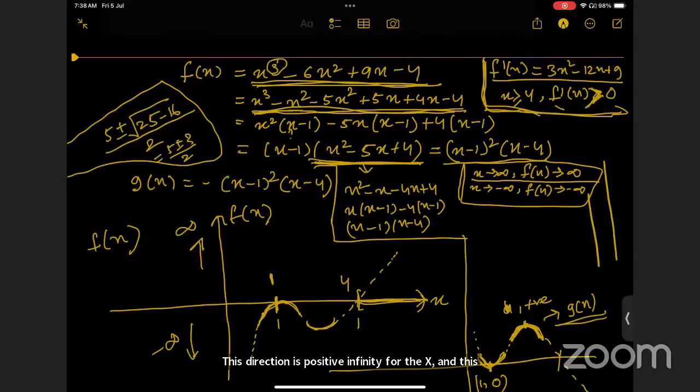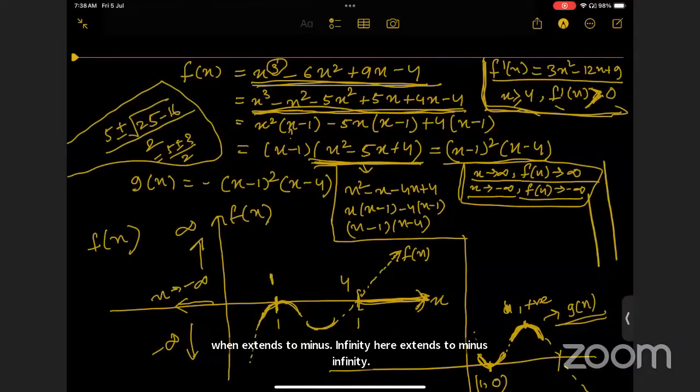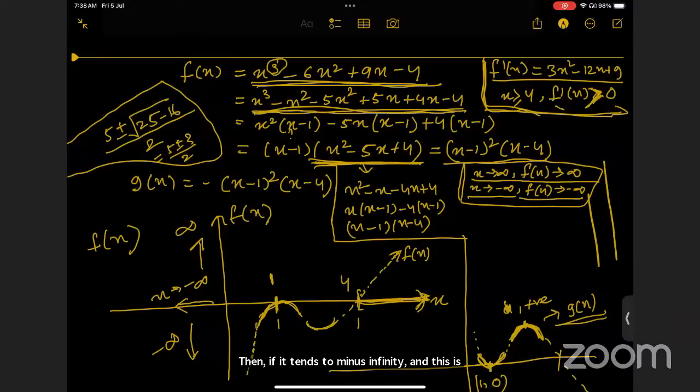So when x tends to infinity, then f x tends to infinity. That means in the positive side. And when x tends to minus infinity, then f x tends to minus infinity. And this is what I'm doing.